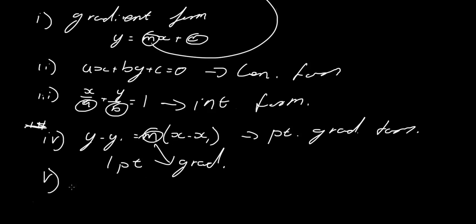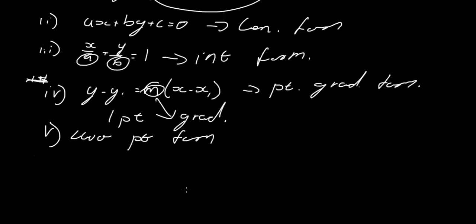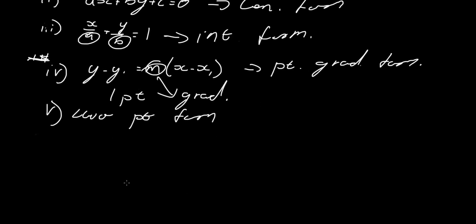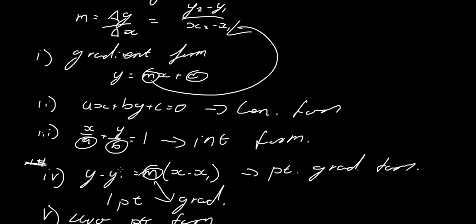And the last form is 2-point form, and you can use this form if you're given 2 points. You can just pop it into the equation and manipulate it to be in whatever form you like. As I said, the most useful form to manipulate into is the gradient form.